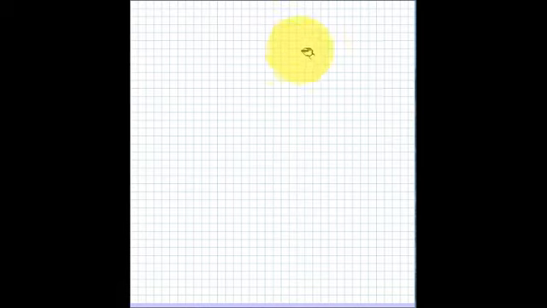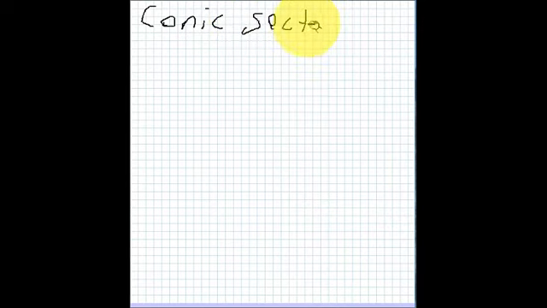So now I want to go over something called conic sections. You've probably vaguely heard of it. Conic sections, C-O-N-I-C, is a group of functions.